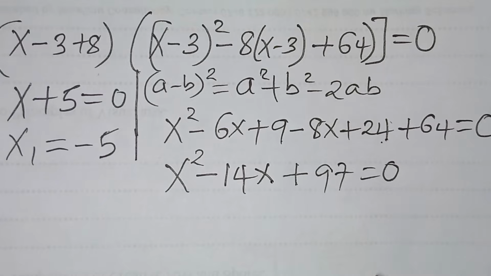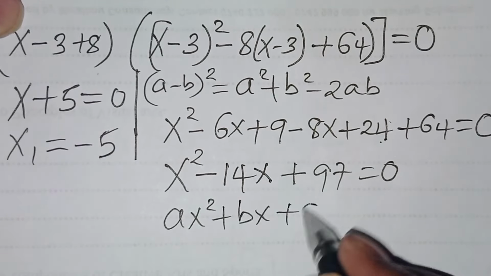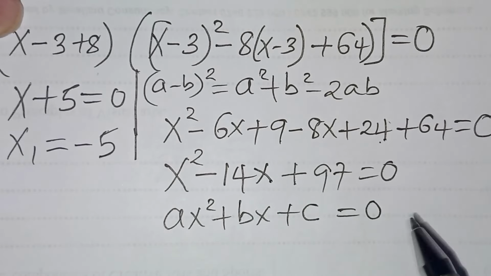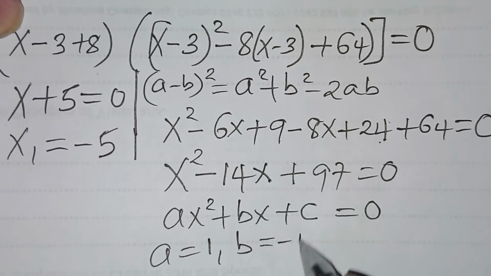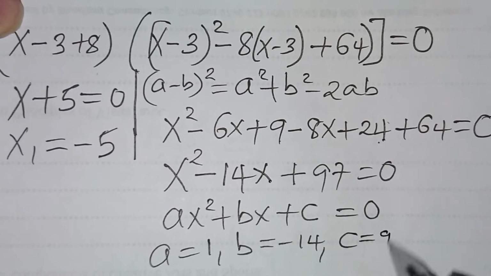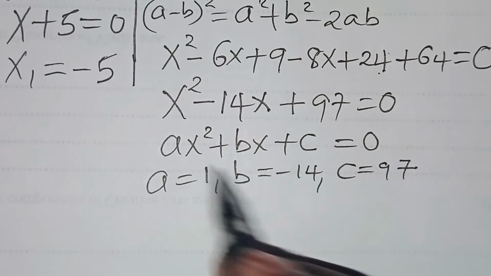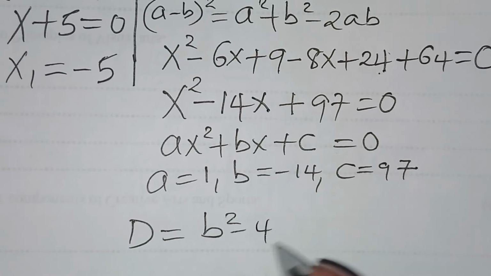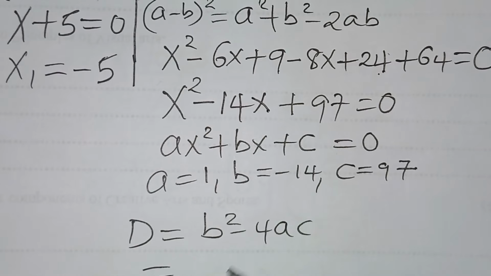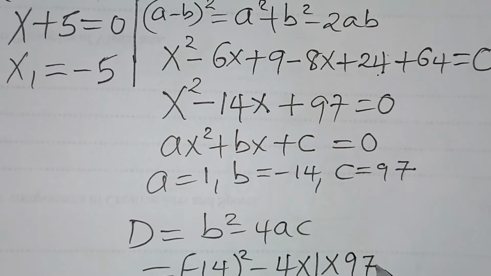Now here we form a quadratic equation of the form ax² + bx + c equal to 0. In this case, we have a equal to 1, b equal to negative 14, and c equal to 97. Now let's assess the nature of the roots of this quadratic equation. Let's determine the discriminant value, which is b² − 4ac. So here we have (−14)² − 4 times 1 times 97.